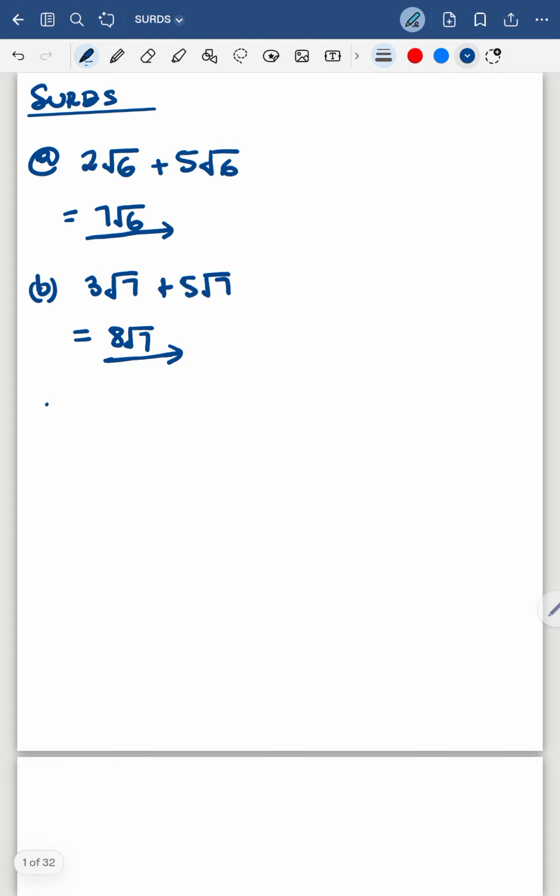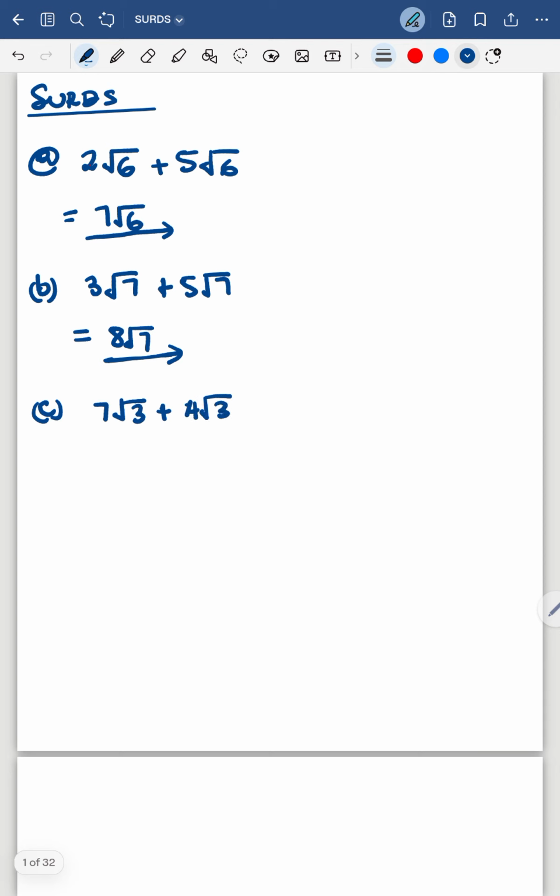Okay, so now let's have another one. Let's have C, so that you can see how we add the sets. So it's going to be 7 root 3 plus 4 root 3.